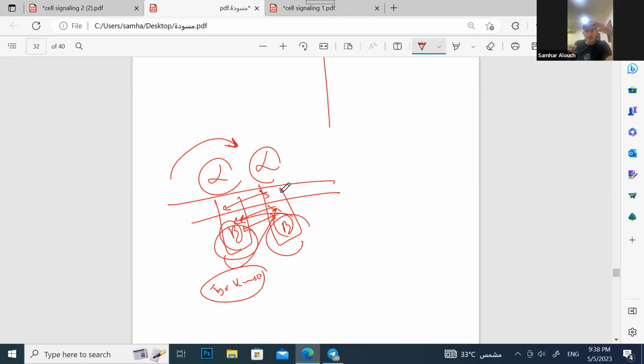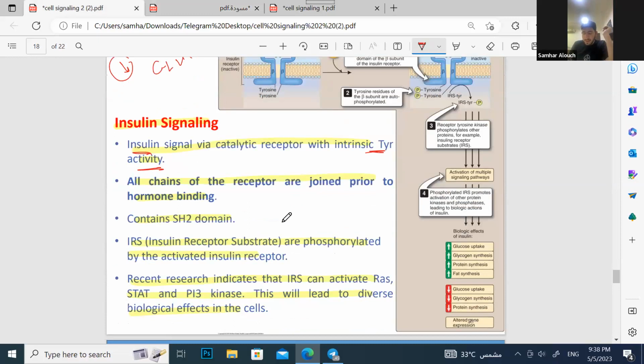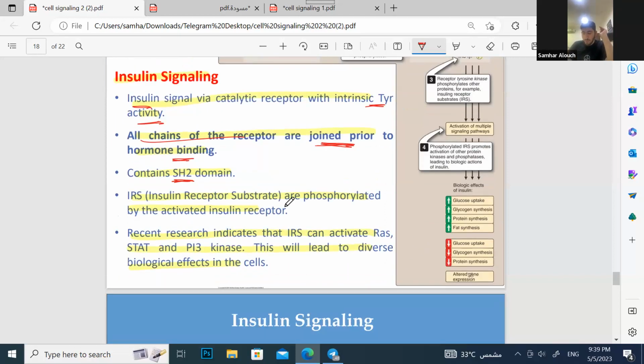And since the tyrosine kinase now is active and insulin is out, now we can use insulin to do its action, okay? It's interestingly needed to be said that all chains of the receptor are joined together prior to the hormone binding, so it's always attached to each other. There is no need for dimerization or whatever. It's always a dimer. It has an SH2 domain, and now let's talk about its actions before we talk about these things. Let's talk about action.